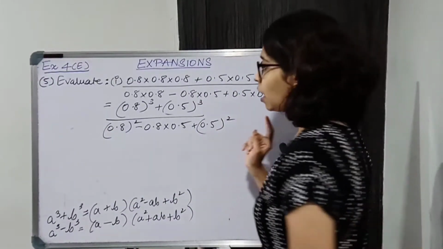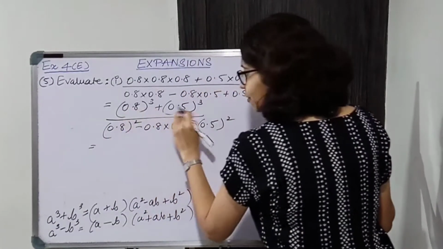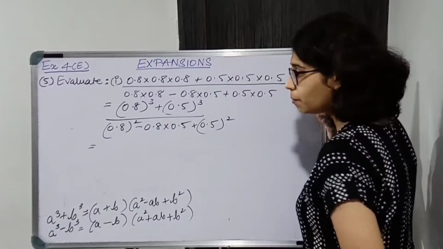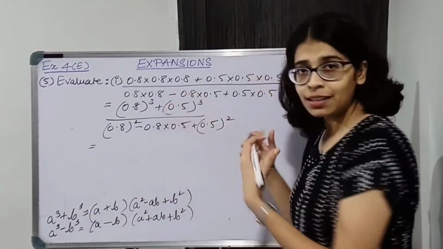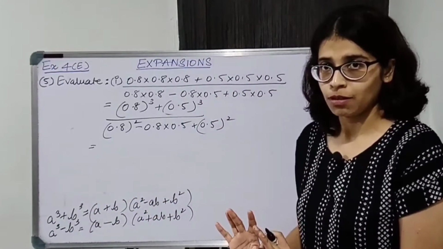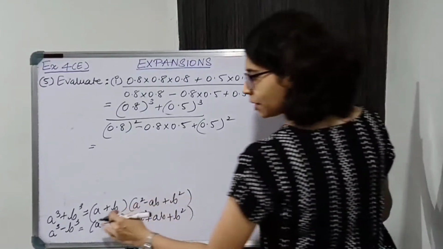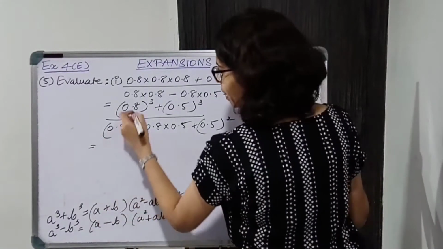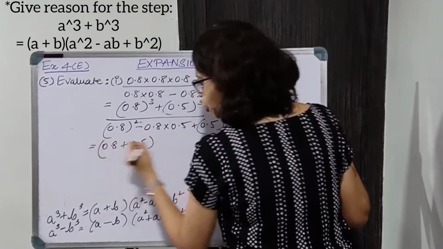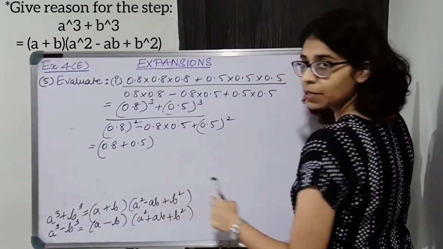Okay, now I will write this in this form. Okay, normally we expand the brackets, but over here we'll express in brackets wala form. I'll tell you why. A plus B, that is 0.8 plus 0.5 into A square minus AB plus B square.